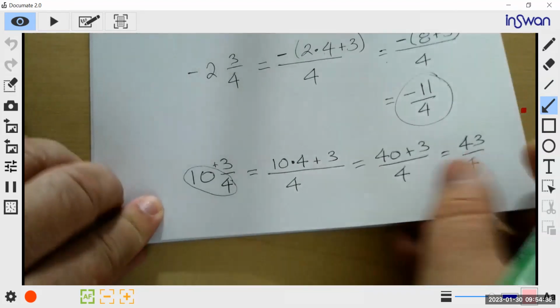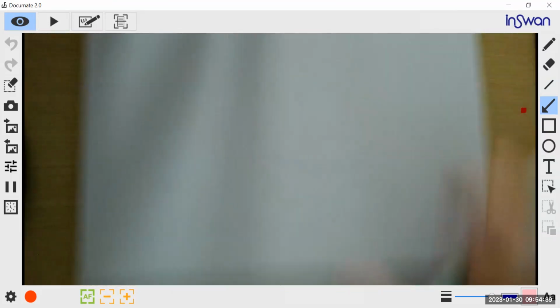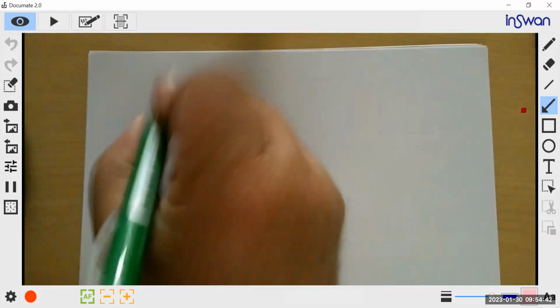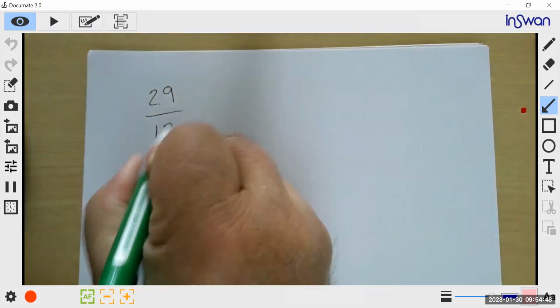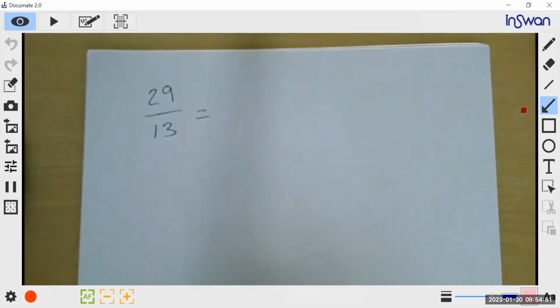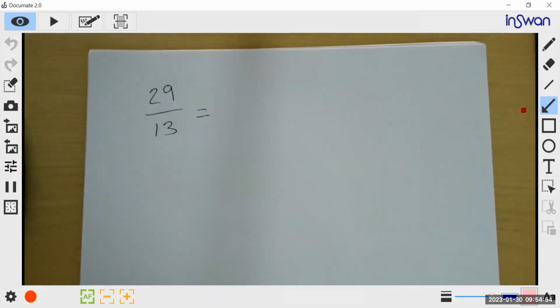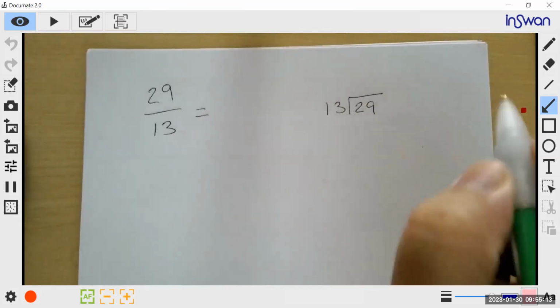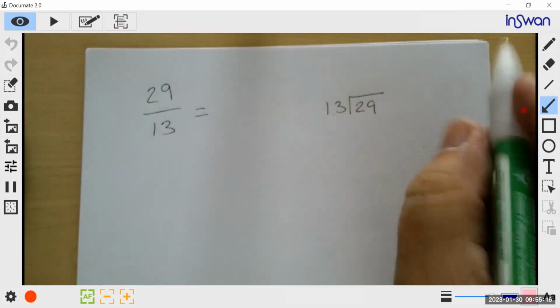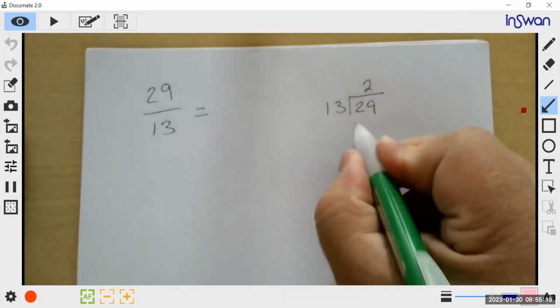All right, let's go backwards again. 29 over 13. 13 goes in 29 how many times? 2 times 13.